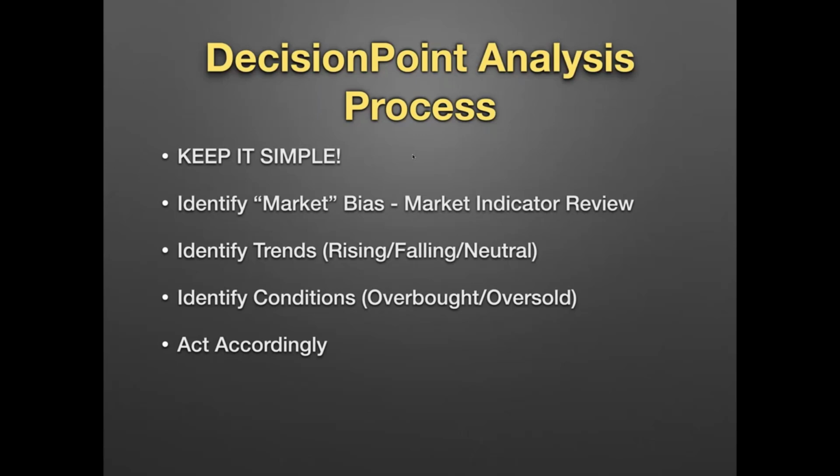I've been doing a DecisionPoint Diamonds report where I give out 10 stock and ETF symbols per week. I analyze those. And what I have found is that when the market trend is rising, those longs are a lot more successful. But when the market starts to trend lower, the positions start to struggle.